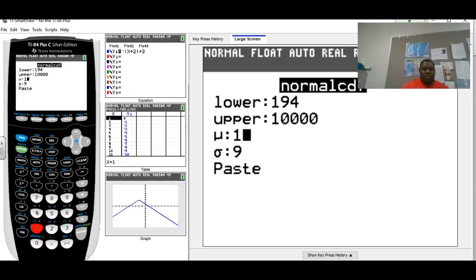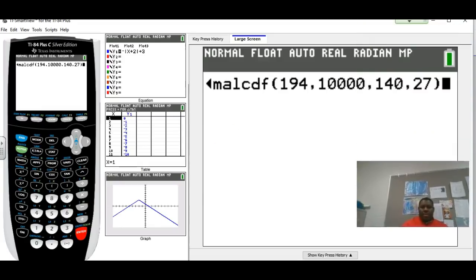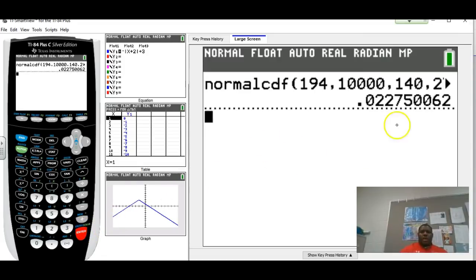We said the mean was 140 and the standard deviation was 27. Make sure you have the commas right here, guys. The calculator may be different, but anyway, hit enter. There's our probability right there: 0.0228.